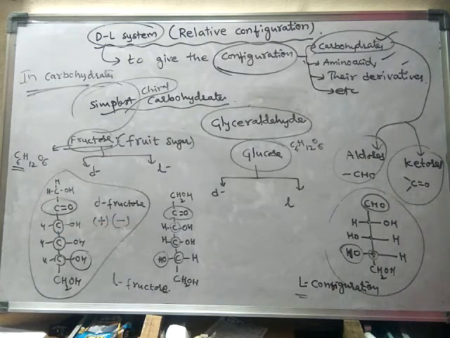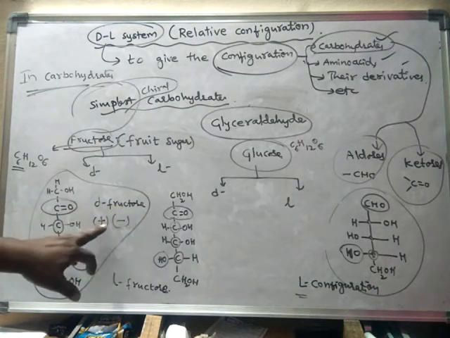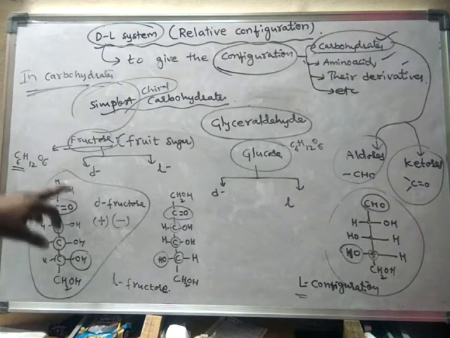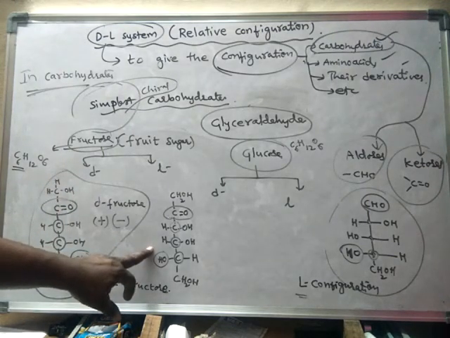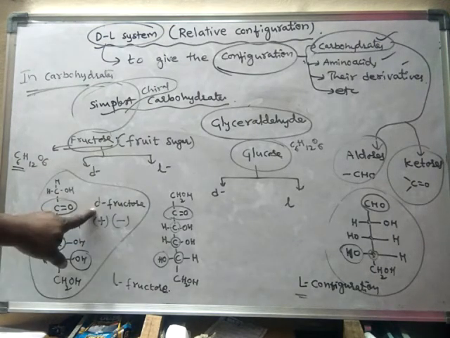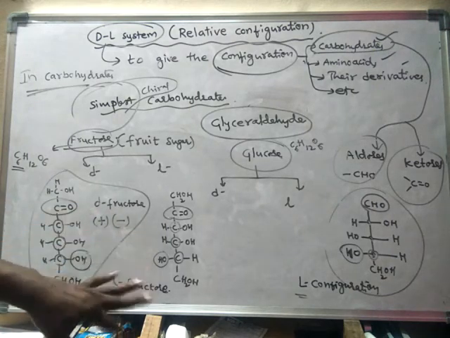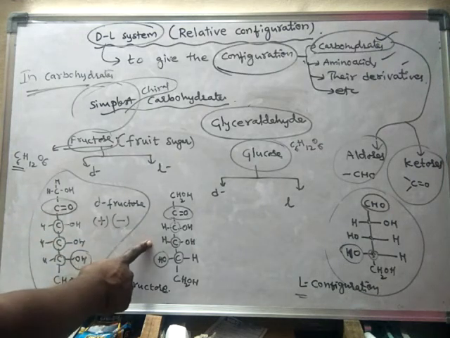So though it is a D fructose, we cannot say whether it is dextrorotatory or levorotatory. Suppose if this is dextrorotatory, then this will be levorotatory, and vice versa.